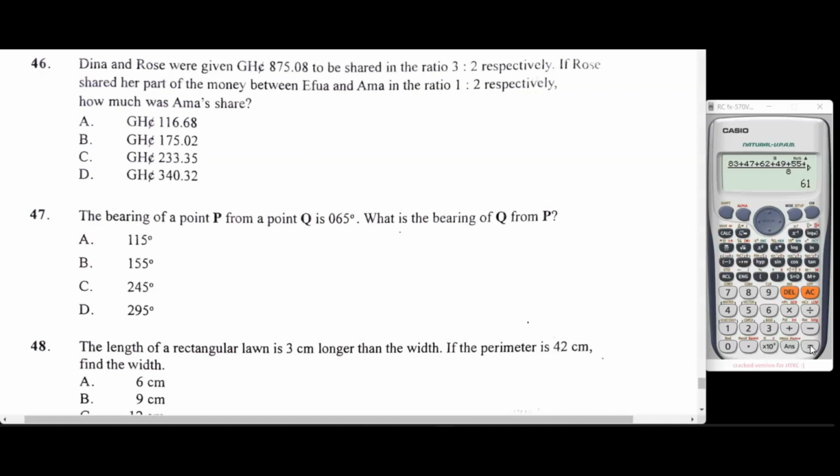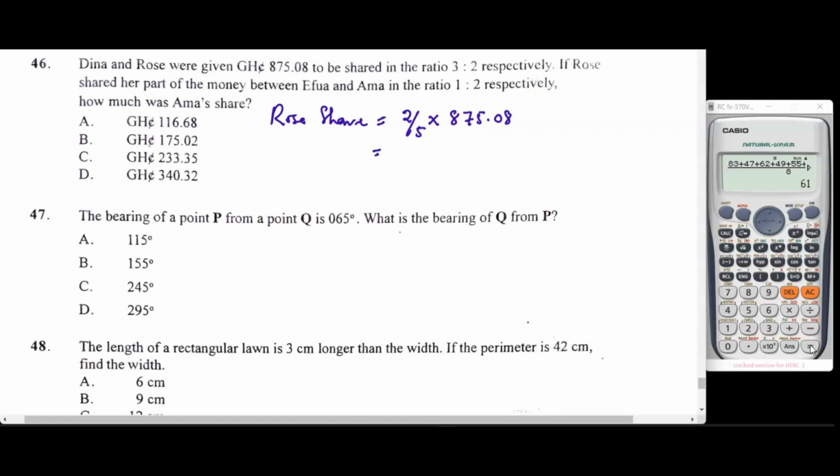So that is going to give us Rose's share is equal to 2 on the total ratio, which is 5, multiplying the amount, which is 875.08.